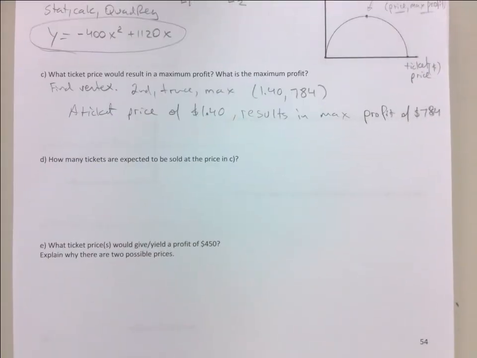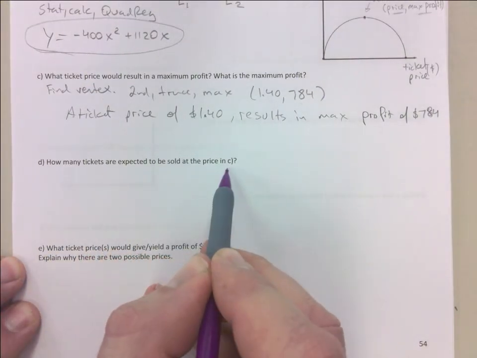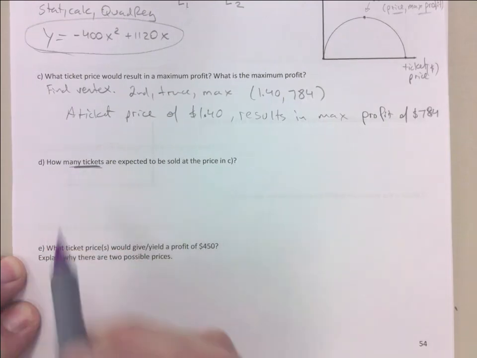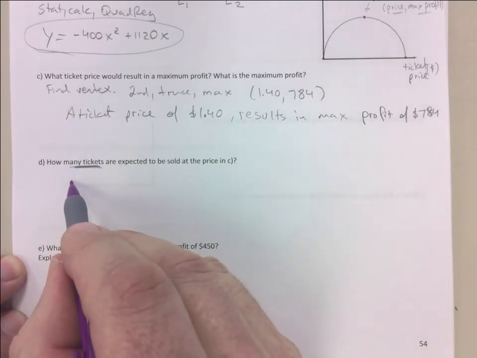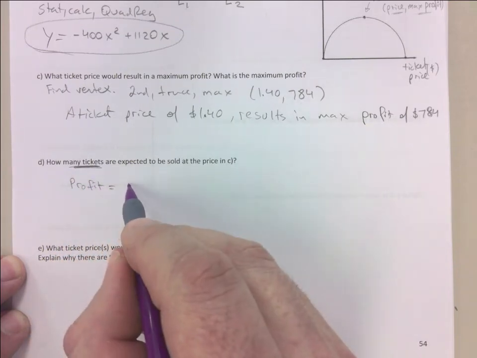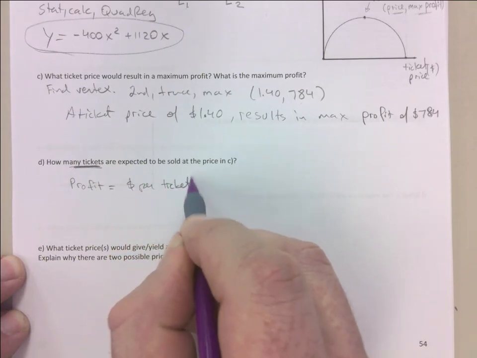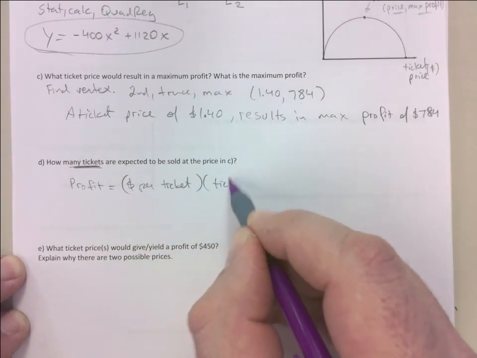Okay, I'm almost done. And then, how many tickets are expected to be sold at this price? How many tickets? I want you to remember this. Profit is equal to dollar per ticket times tickets.